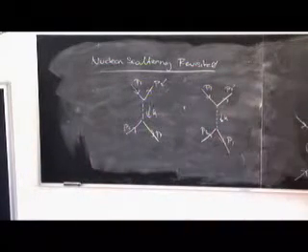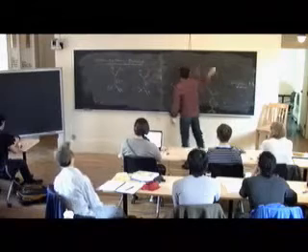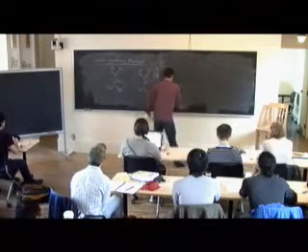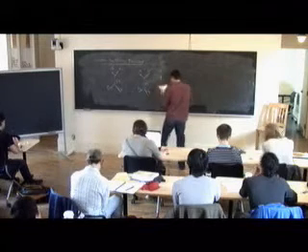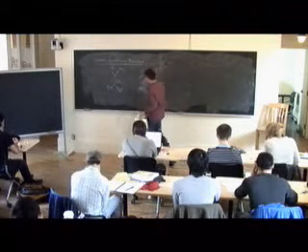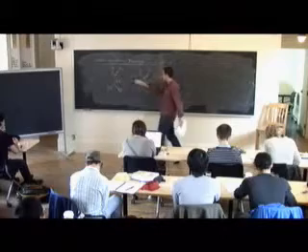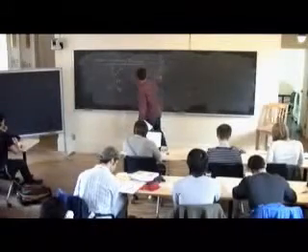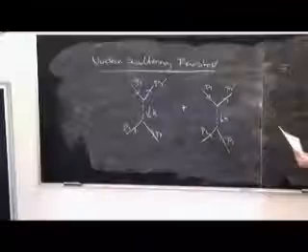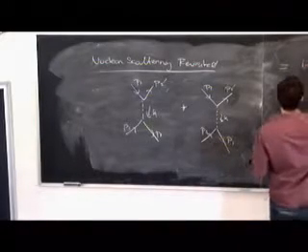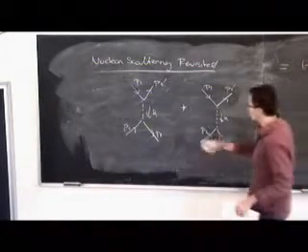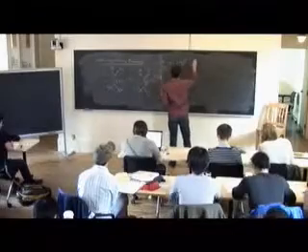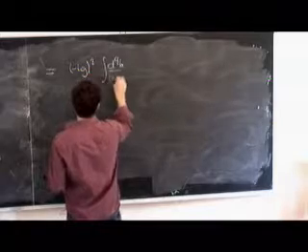Okay, so let me just use the rules and write down the answer. When I draw these pretty pictures now, each one is actually a mathematical equation. So things like plus and equals make sense. There's a minus i g squared. Why is that? It's because there's 2 vertices. There's an integral over d4k over (2 pi) to the 4.